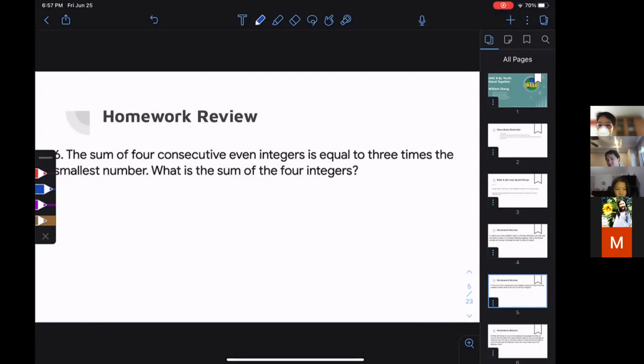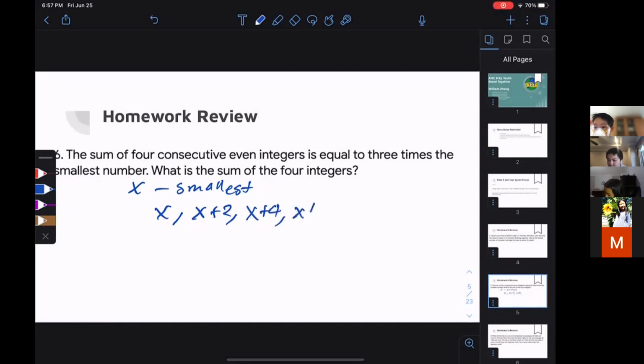Let's assign that the smallest one is x. And so the other ones are x plus 2, x plus 4, and x plus 6.